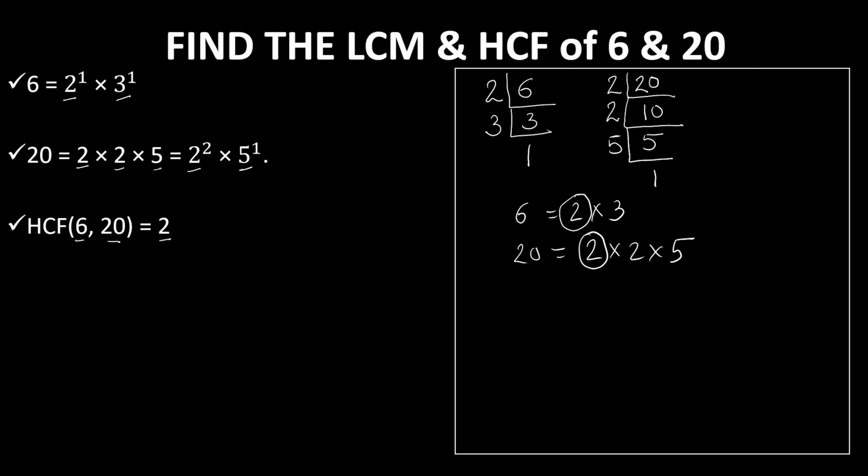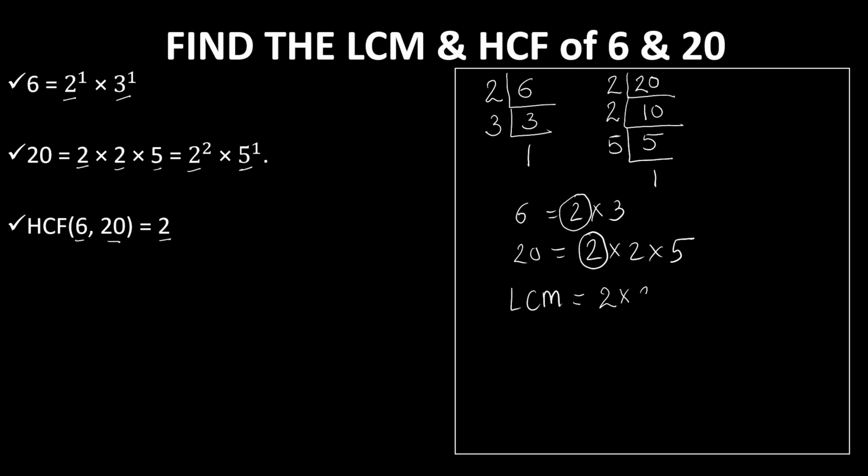Now what would be the lowest common multiple? We will write down all the factors of 6 and 20, and whichever factor is common, we will write it down only once. So the LCM of 6 and 20 would be, since 2 is a common factor in 6 and 20, we write 2 only once and all the rest of the factors.